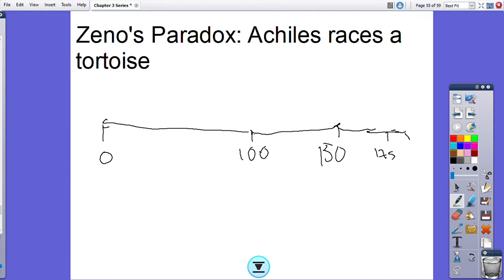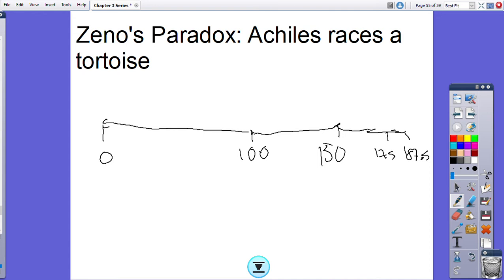And then it's 12 and a half. 187.5. The point that Zeno said was every time that Achilles tried to get to the tortoise, the tortoise had moved on. Each time a little bit more, smaller and smaller amounts, but Achilles never catches, or does Achilles catch the tortoise?